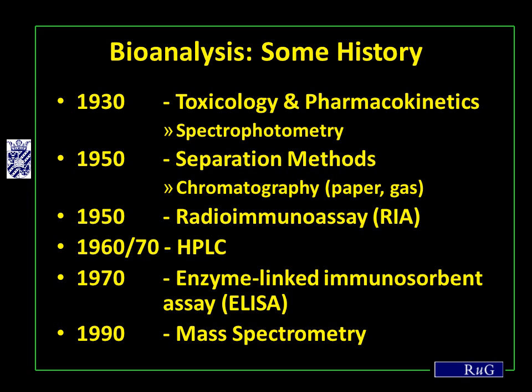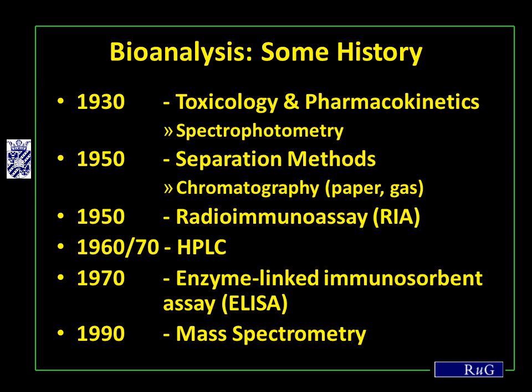A breakthrough was the introduction of high-performance liquid chromatography. As you hear, still based on chromatography but with much higher separation power. This was in the 1960s and 70s, based on small diameter chromatography beads that were packed into columns, and these columns were run under high pressure to achieve very high separation efficiencies.